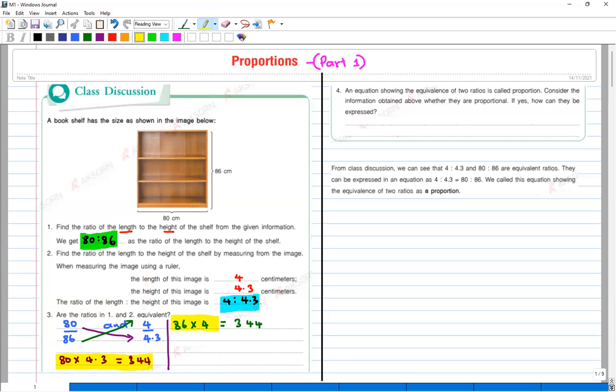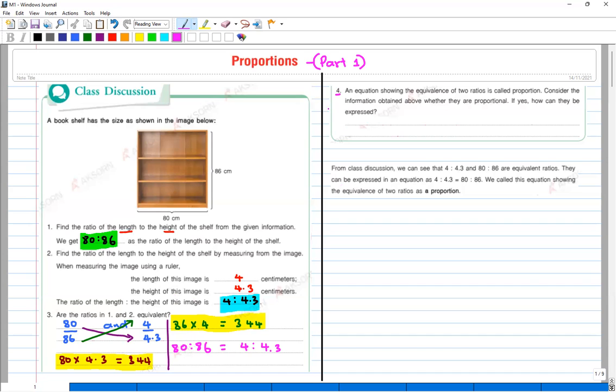Also, when we get 86 times 4, we get 344. What does this mean? It means that the ratio 80 to 86 is equal to the ratio 4 to 4.3. Now, I hope you understand that. So these two ratios are equivalent.